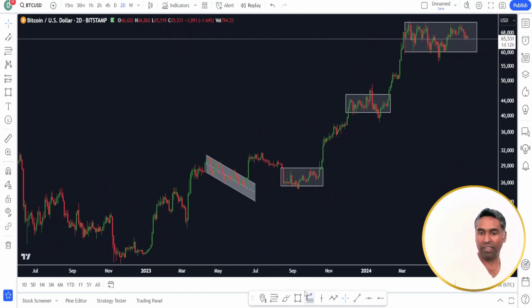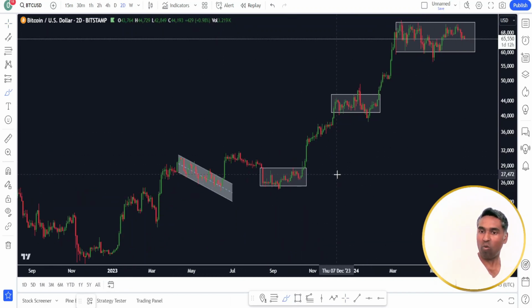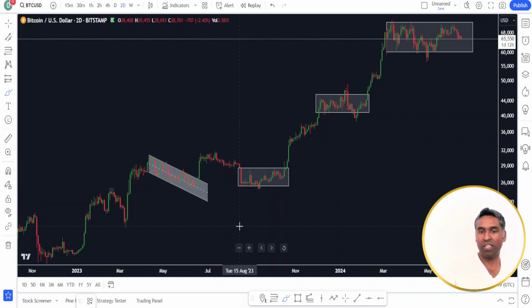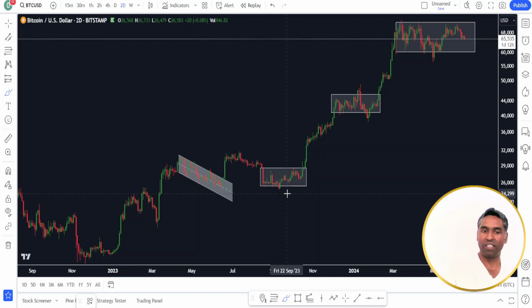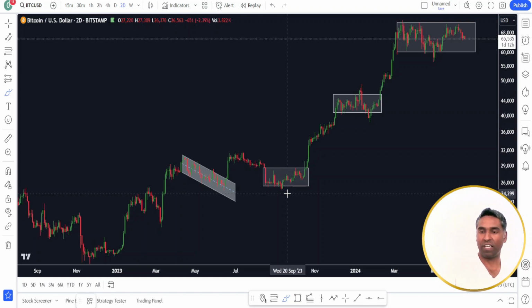Here in this uptrend, we have sharp moves and slowdown, sharp moves and slowdown. We are only interested in the slowdown moves, when there is consolidation and the price is making some kind of continuation pattern. So we have studied these continuation patterns, and let's see how we can enter and exit according to these patterns.